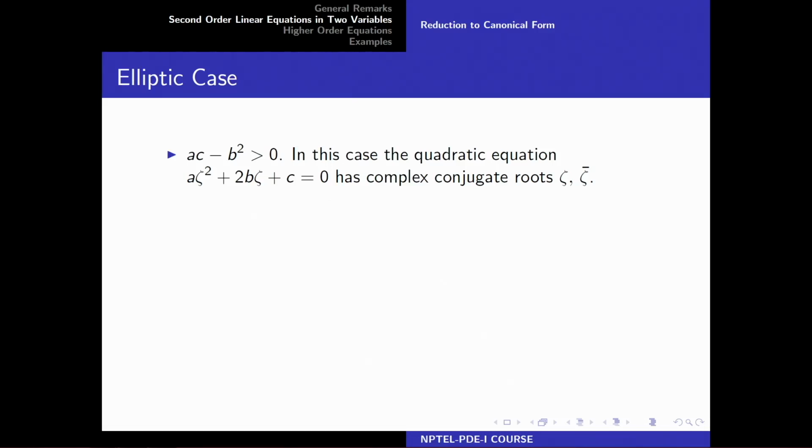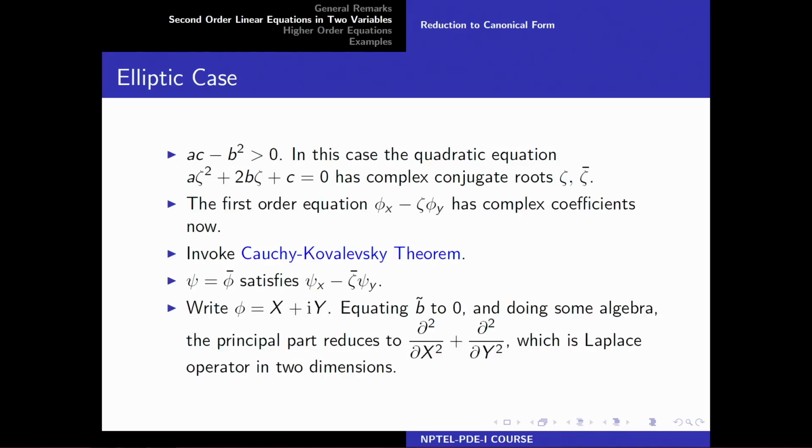Zeta bar denotes the complex conjugate of zeta, as A, B, C are real functions. And this leads us to consider the first order equation phi x minus zeta phi y equal to 0.